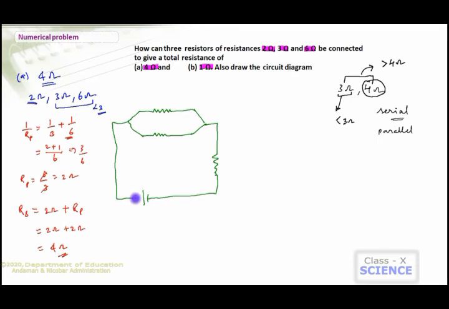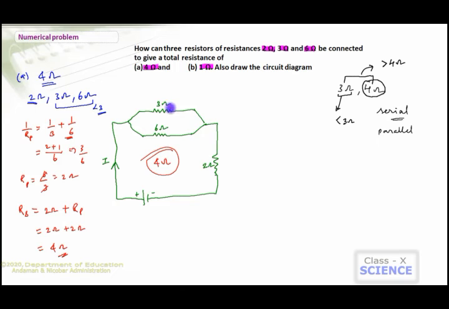So this is the circuit diagram, this is the positive terminal, negative terminal, this is the direction of electric current. Here the first resistor will have the resistance of 3 ohm, this is 6 ohm and this will be 2 ohm. So this way, by combining 3 ohm resistor and 6 ohm resistor parallelly, and then these are combined serially with 2 ohm, we will get total resistance as 4 ohm.